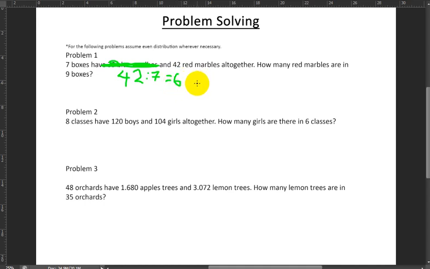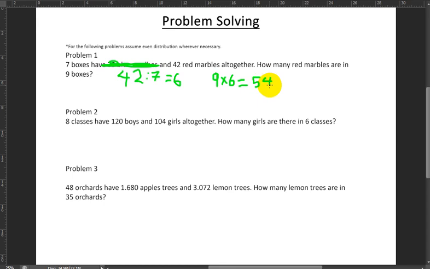Now, if there are 6 marbles in each box, and there are 9 boxes, that means that in all the boxes together, there are going to be 9 times 6 marbles. So 9 times 6 make 54. So my answer should be that there are 54 red marbles.